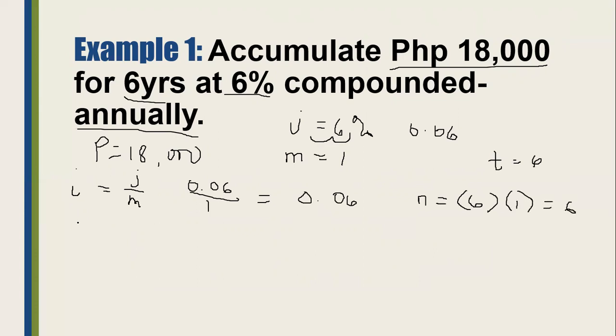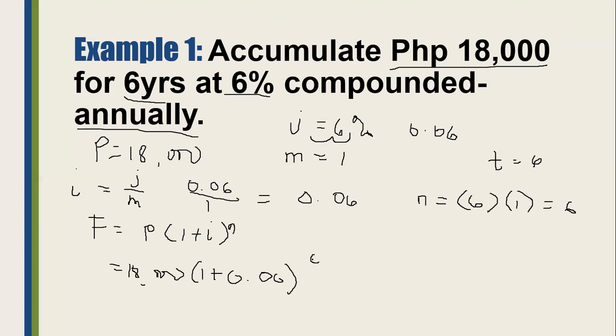And then we can substitute that in our formula. F is equals to P quantity 1 plus I quantity raised to N, where our P is 18,000, our I is 0.06, then our N is 6.